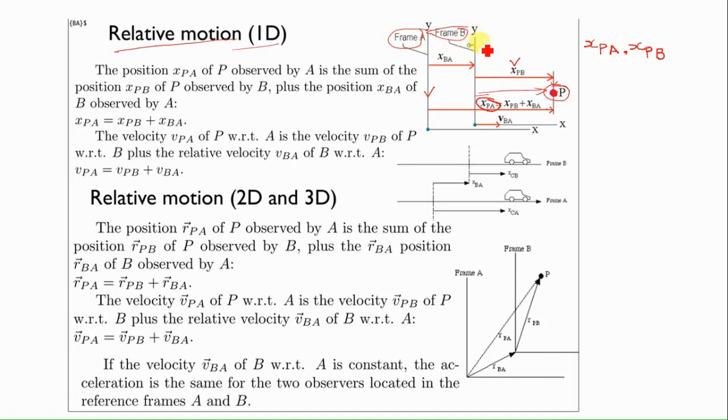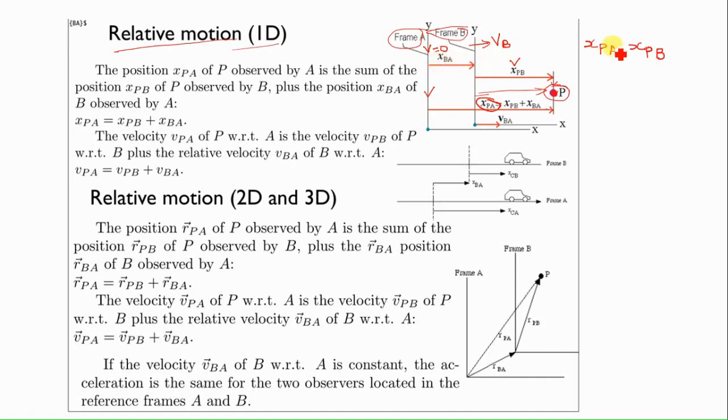And the frame B itself is moving with respect to the frame A, with a certain velocity. Let us suppose frame A has zero velocity, that is, it is stationary. So frame B is moving with a certain velocity. Here the position vector at any point of time is given.